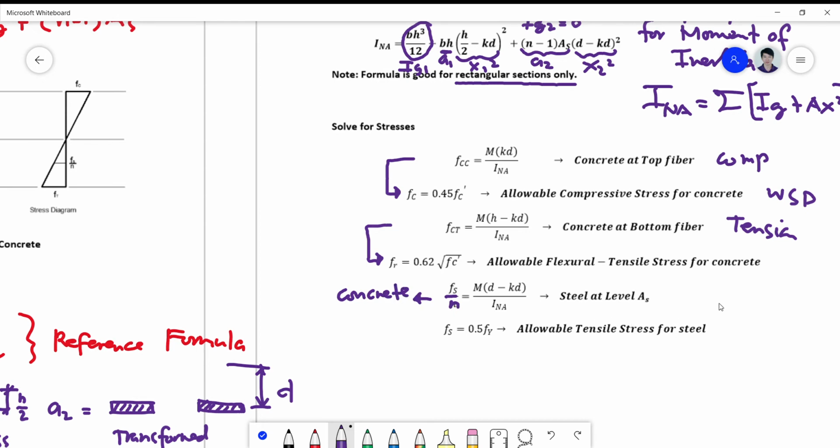And it must be compared to your allowable tension steel stress. So this is tension allowed. Okay, still in the WSD format.